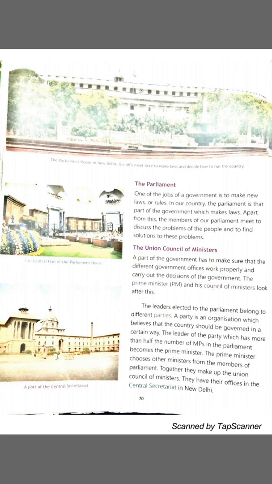Then that Prime Minister chooses other ministers from the members of parliament, and this way they form the Union Council of Ministers. They have their offices in the Central Secretariat in New Delhi.